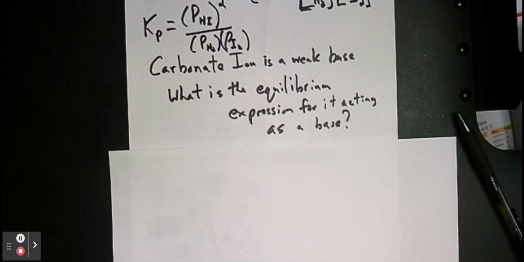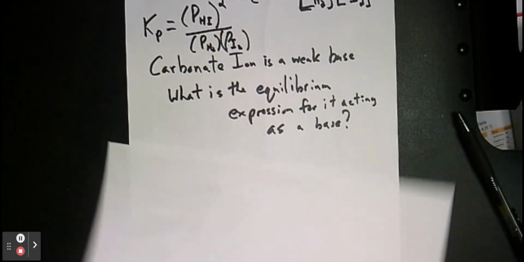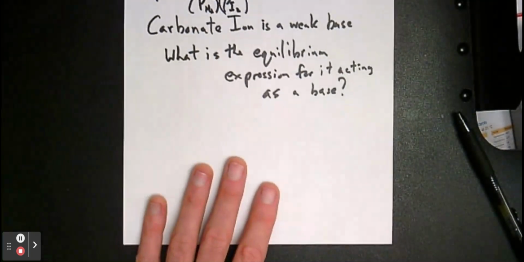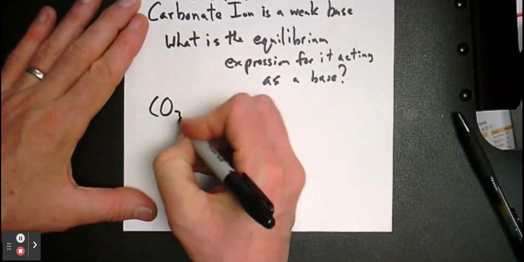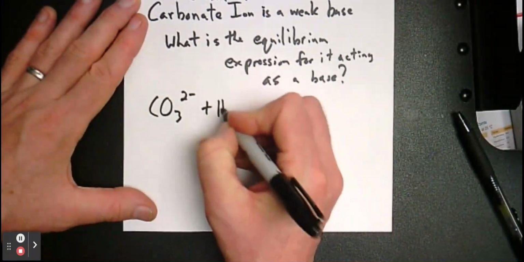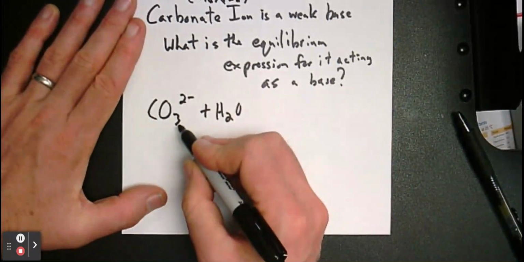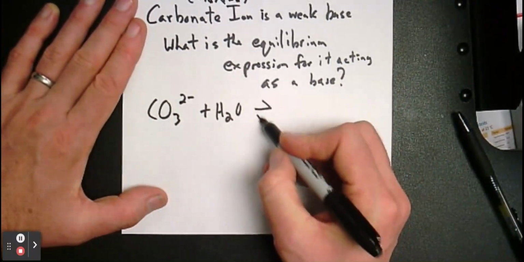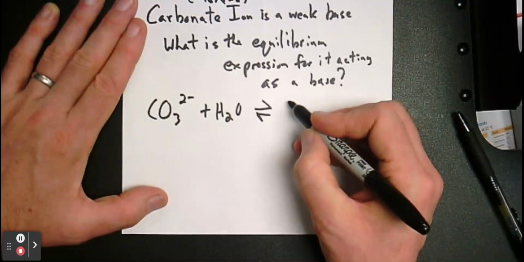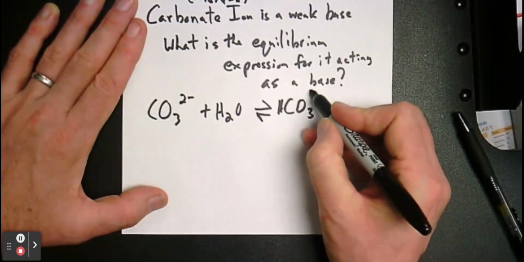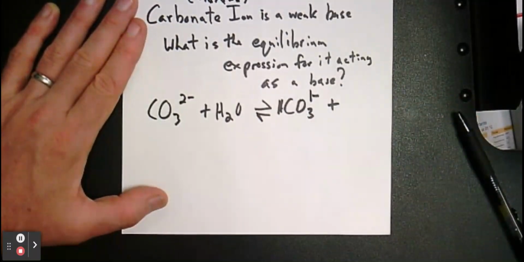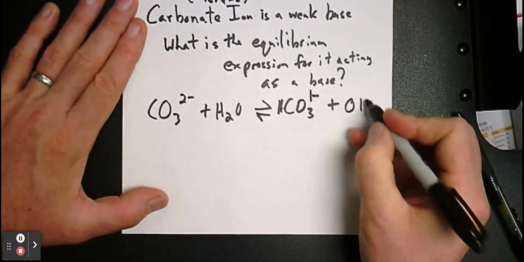Carbonate ion is a weak base. So one last example. What is its equilibrium expression for it acting as a base? So I would say CO3 2 negative plus H2O. It's acting as a base, so that means it's going to accept a proton. So it's going to be HCO3 negative plus OH negative.